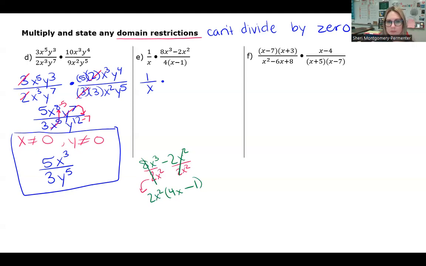Okay, I can put that back. In the denominator, I have a 4 and then an x minus 1. In 2 over 4, can that reduce? Yeah, it's the same thing as 1/2.